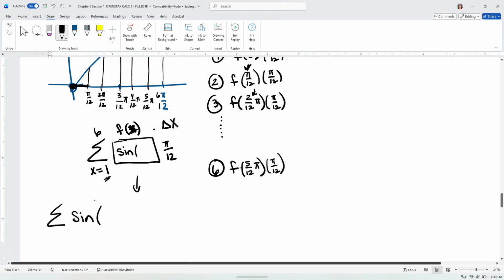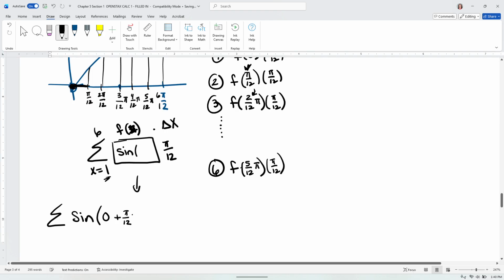Now, if we were doing a right one, we wouldn't have to monkey with this as much, okay? I like to say, well, here's where I'm starting. For each I after that, I'm increasing it by pi over 12 amount.